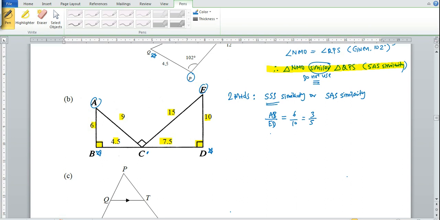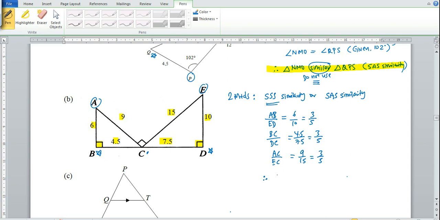And I have BC over DC, which is 4.5 over 7.5. If I use my calculator, it will also be 3 over 5 as the ratio. And the last side, I have my AC over EC, which is 9 over 15. I have to calculate that, and it is 3 over 5 as well.